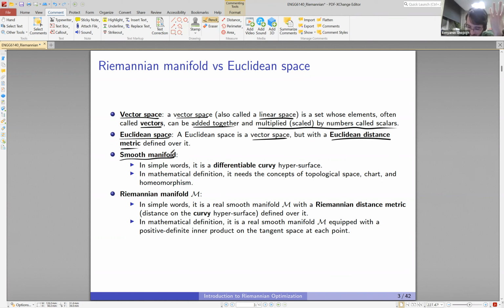Smooth manifold. In simple words, it is a differentiable curvy hypersurface. So what do I mean by hypersurface? So in one dimension, 1D, it is a line. In 2D, it is like a plane in R2, right?